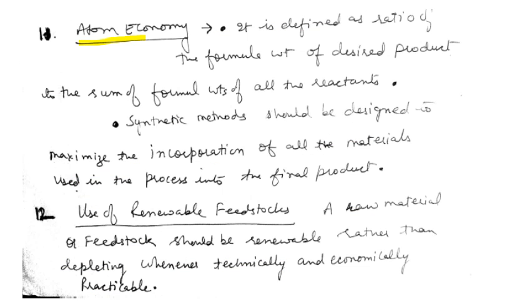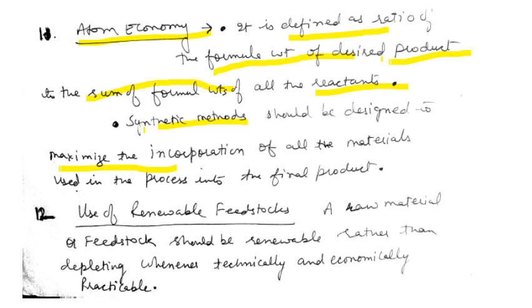The next principle is atom economy. It is defined as the ratio of the formula weight of the desired product to the sum of the formula weights of all the reactants. Such a ratio is preferred, so that we maximize the materials used as reactants to achieve our final product.